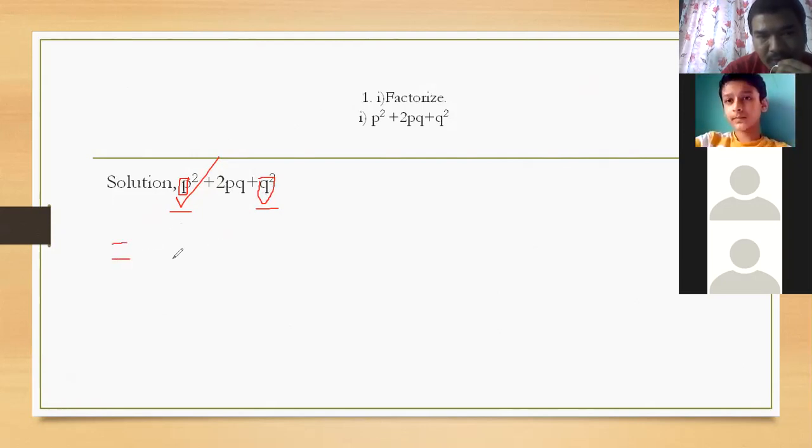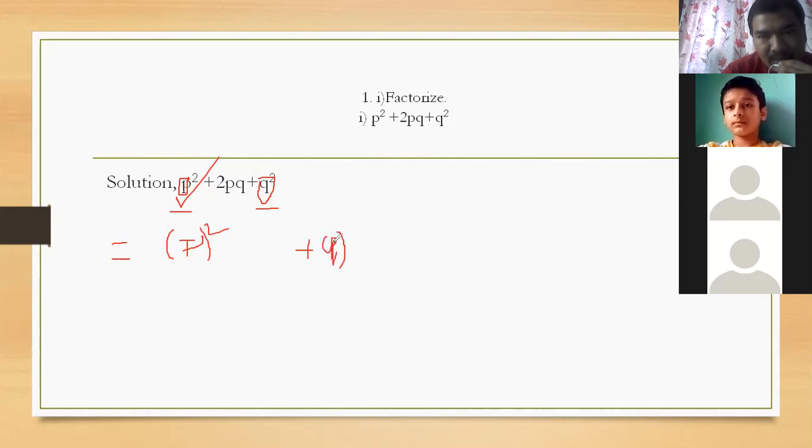Look here, I am going to show you. First, we have to show whole square like this: p square. And what is the last one? The last one is q.